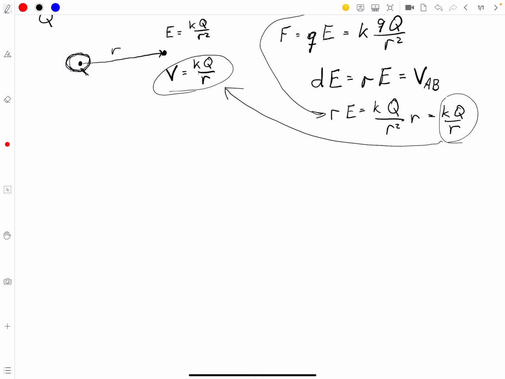Okay, so let's say, for example, we have a Q that equals minus 3.00 nanocoulombs, and we have an R of 5 centimeters. And we want to know what the voltage is.